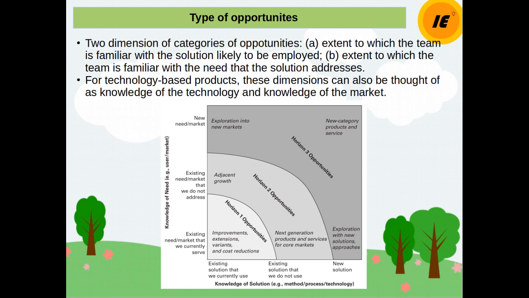Then the opportunity will be improvement on some component, or maybe some extension if it is a software product, and variants and cost reduction. That's also important. Cost reduction will make your product more competitive compared to a lot of similar products in the market. So this segment is basically called Horizon 1 opportunity, which is easy to grab and also secures your profitability.